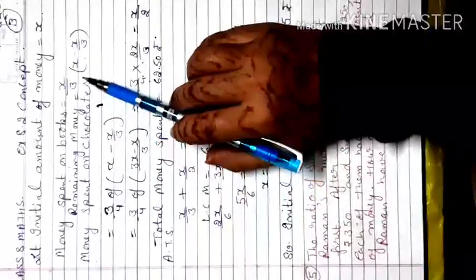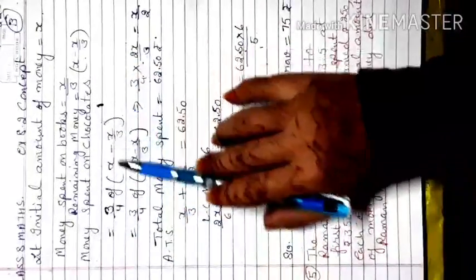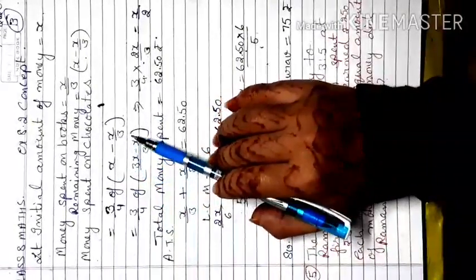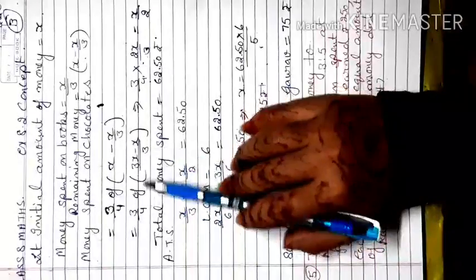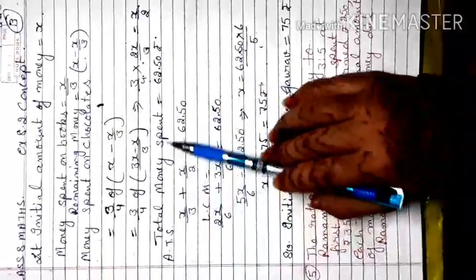The money spent on chocolate is 3 by 4 part of the remaining money, x minus x by 3. When you calculate, the money spent on chocolates gives you x by 2.